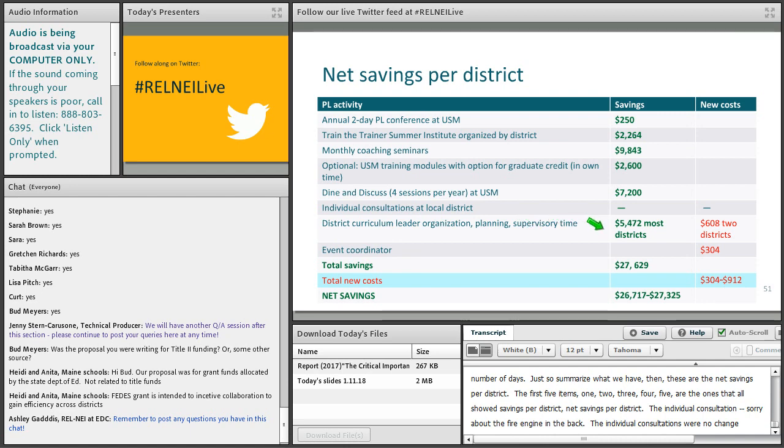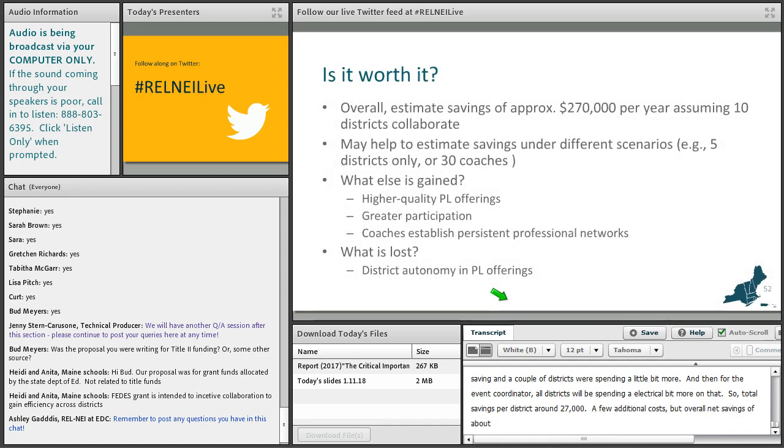With the district curriculum leader, organization planning and supervisory time, you'll recall that most districts experienced a saving, and a couple of districts were spending a little bit more. And then for the event coordinator, all districts would be spending a little bit more on that. So total savings per district, around $27,000, a few additional costs, but overall net savings of about $27,000.